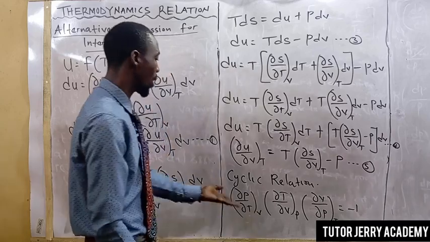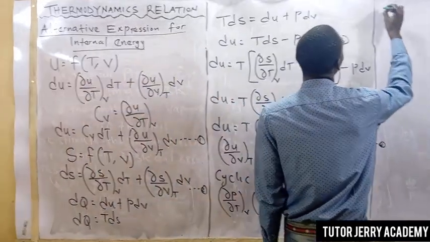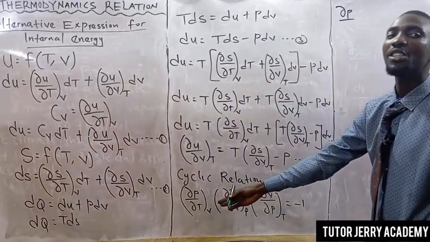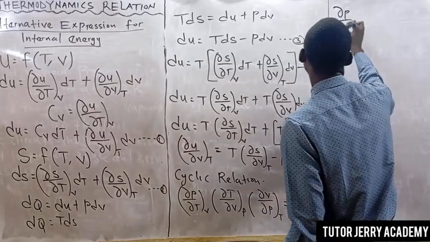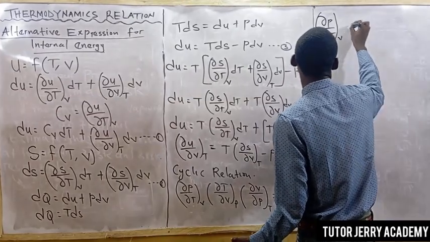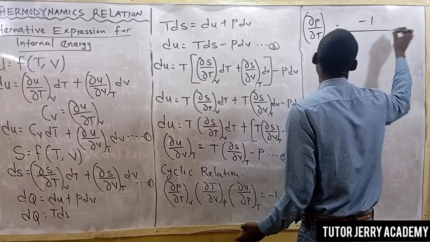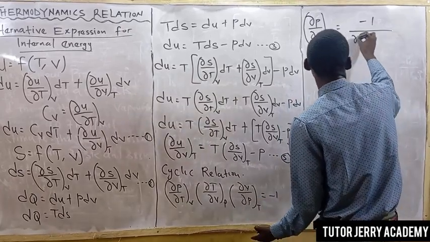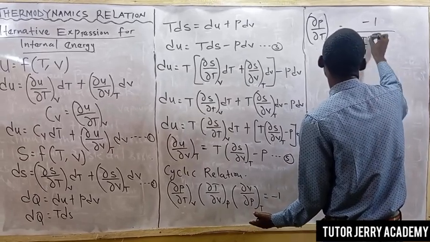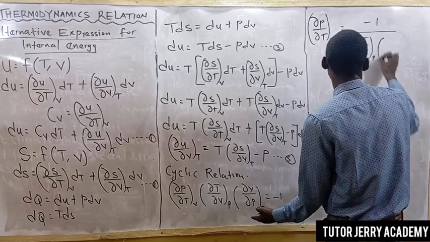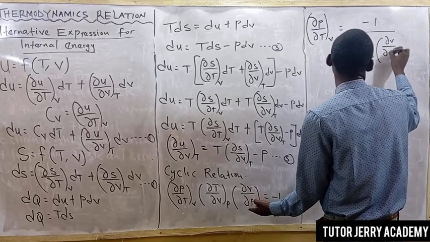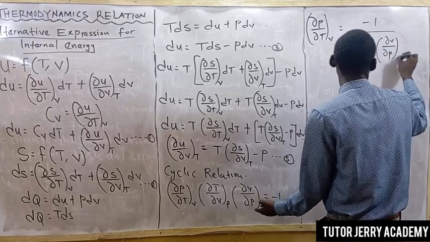So now if we do that, we are going to have the partial derivative of P all over the partial derivative of T, keeping V constant, will be equals to minus 1 all over the partial derivative of T all over the partial derivative of V, keeping P constant, into the partial derivative of V all over the partial derivative of P, keeping T constant.